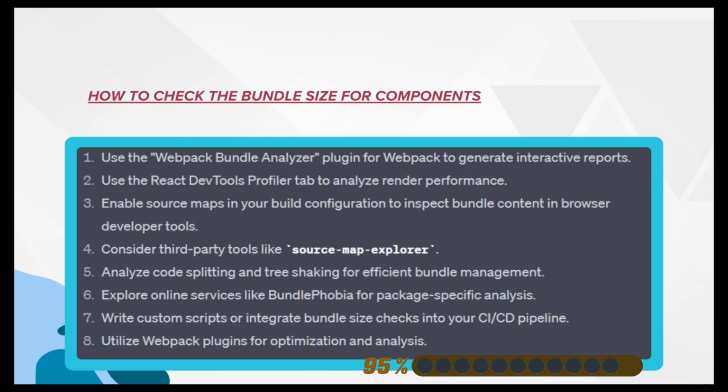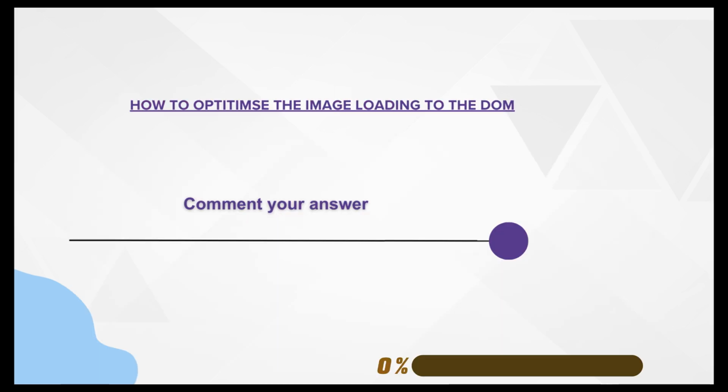Suppose your image is taking 5 seconds to load. To optimize it, what will you do? To fix such scenarios, what we can do is introduce a loader so that the user will not be affected. It will show a loader until the image is loaded.